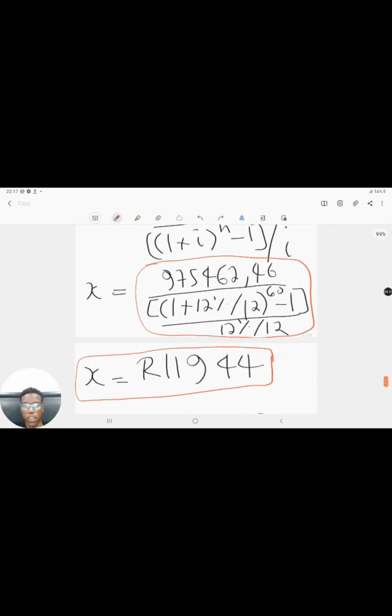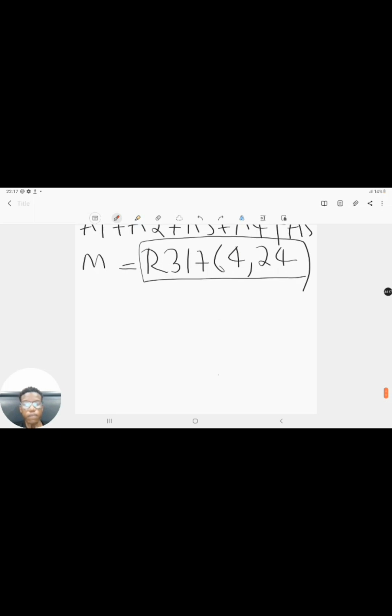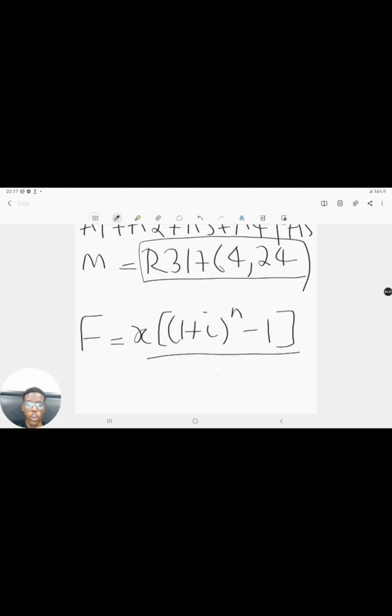So let's see. Our future value F is equal to X open bracket 1 plus I to the power of N minus 1, all over I. Okay.